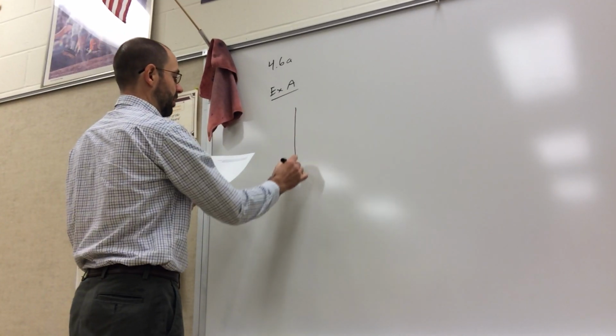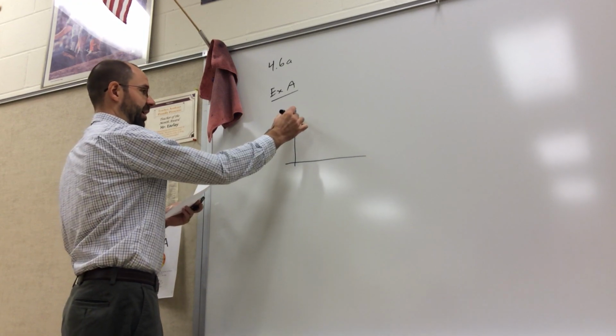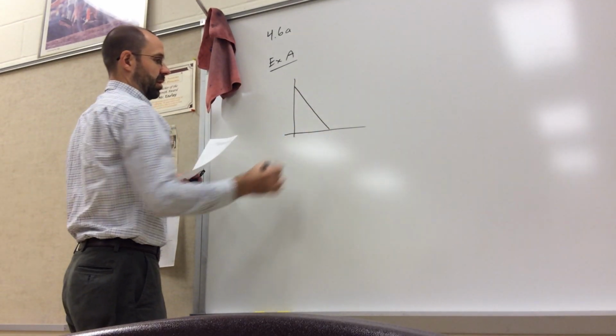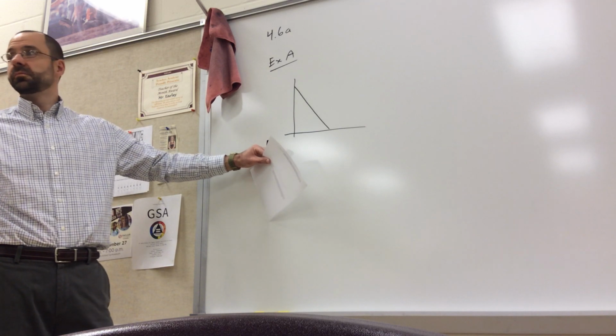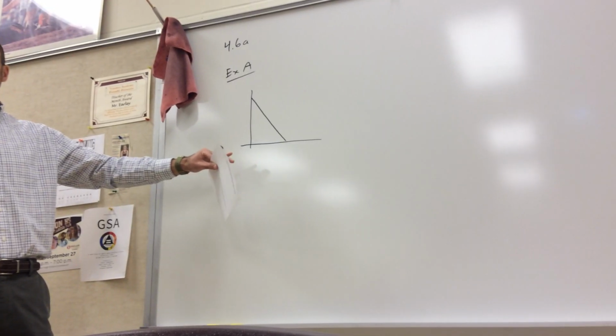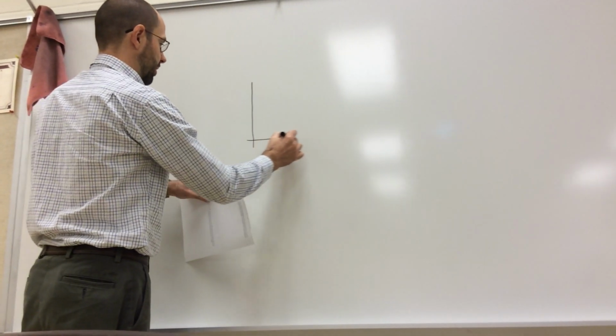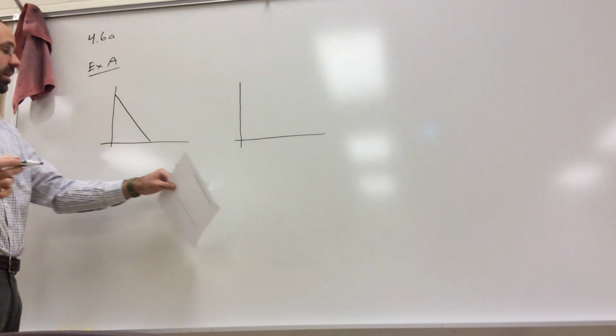And we've got a wall and the ground. And then there's a ladder leaning against the wall. And then a little bit of time goes by, right? We still have the wall, we still have the ground. Those have not moved.